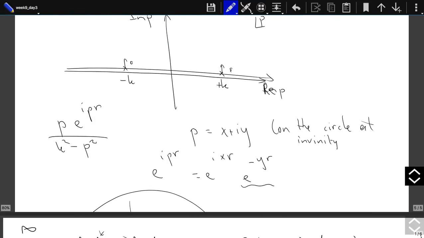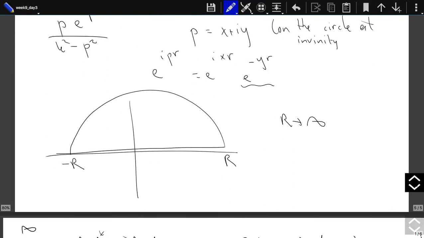Now, depending on how I shift my poles, one or the other can contribute. Let's calculate the residues.